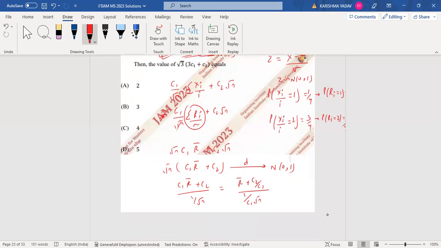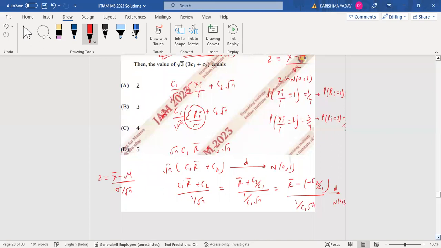When we make Z into the mean form, it will be x bar minus mu, and the standard deviation would be sigma by root n. So we have R bar plus something like this, so we can write it as R bar plus c2 by c1 upon 1 by c1 root n, and this converges in distribution to normal 0 comma 1.